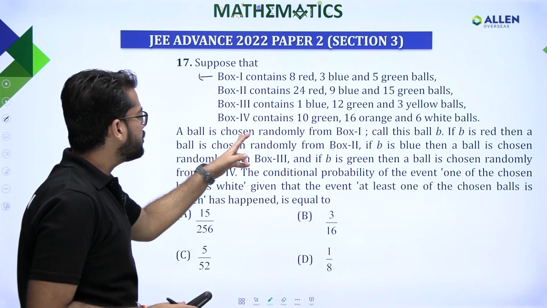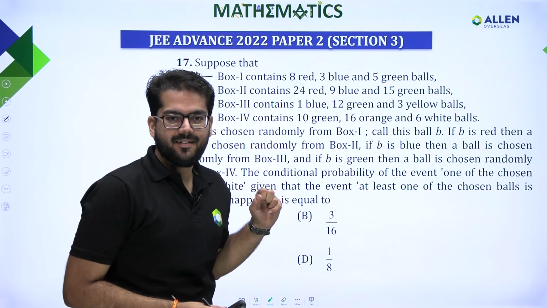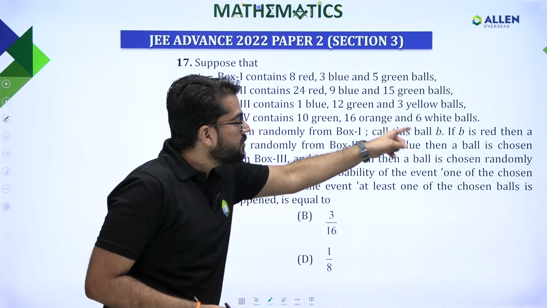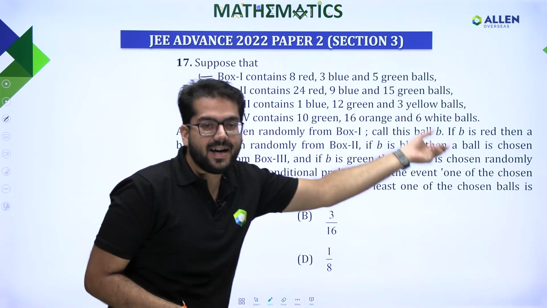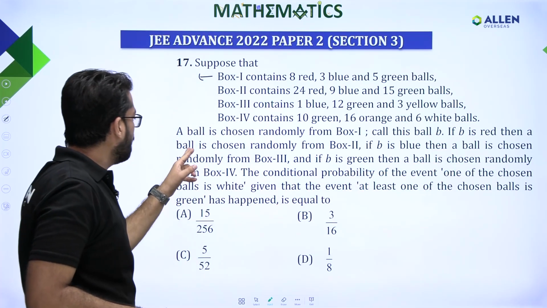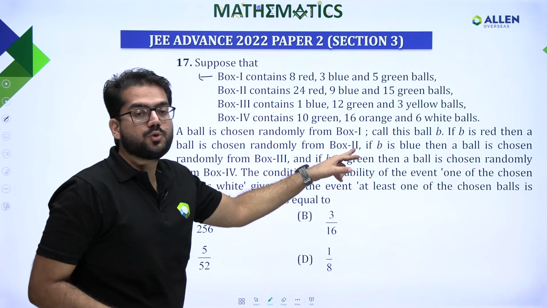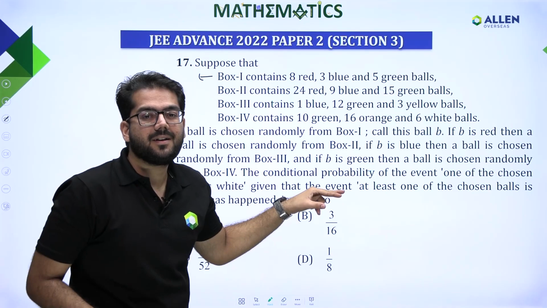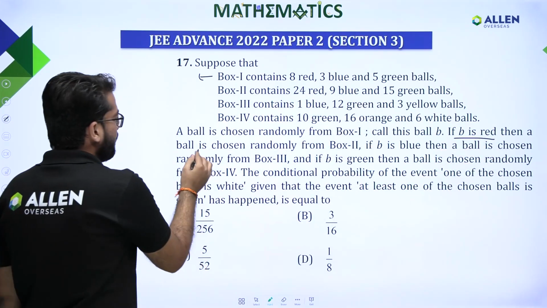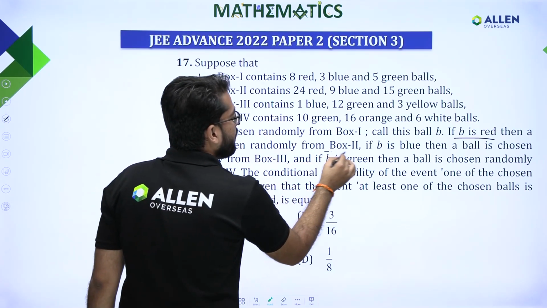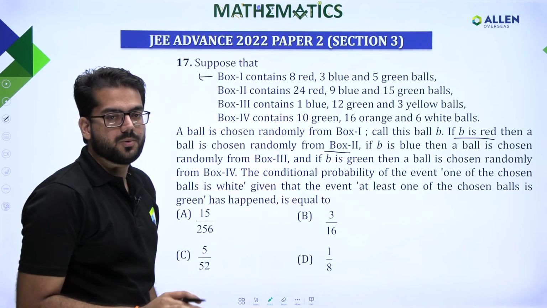Now, a ball B is chosen randomly from box 1. If B is red, then a ball is chosen randomly from box 2, only box 2.